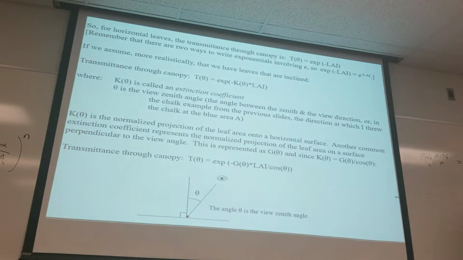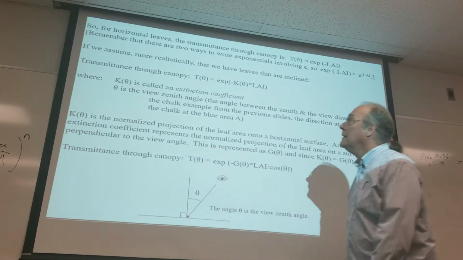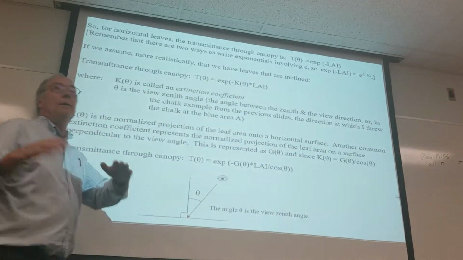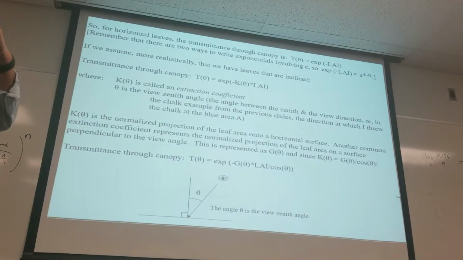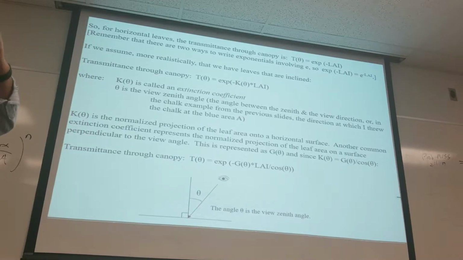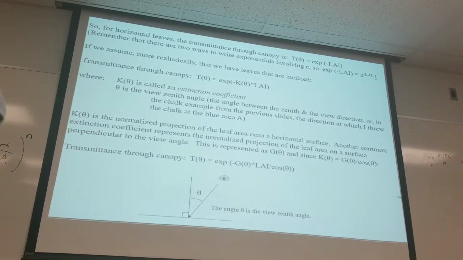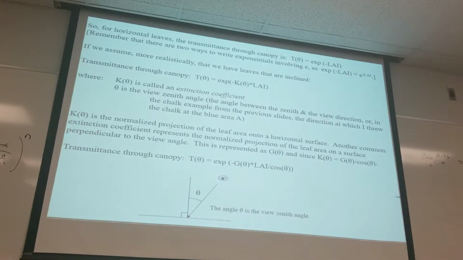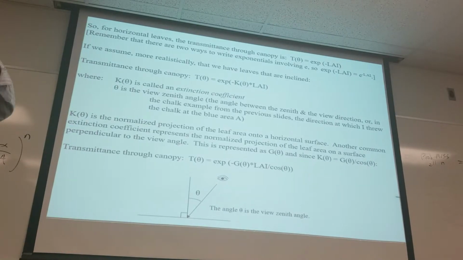So, really, more realistically, we have some distribution of inclination angles of the leaves in the canopy. Some are horizontal, some are vertical, most of them are somewhere in between.